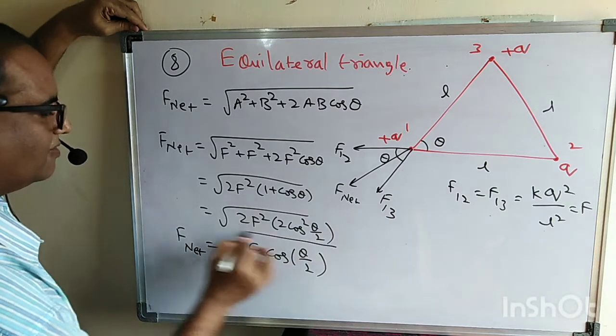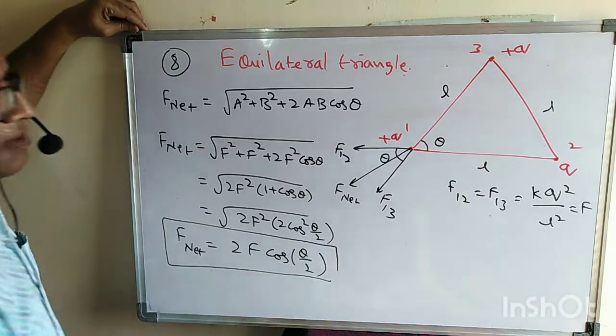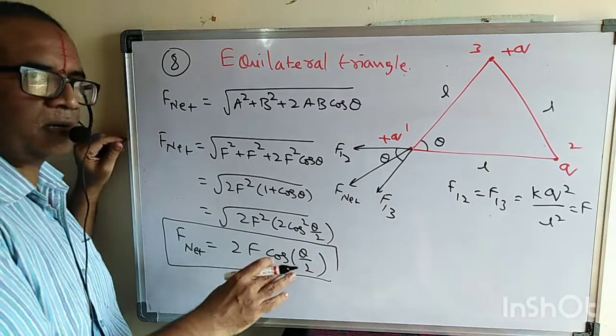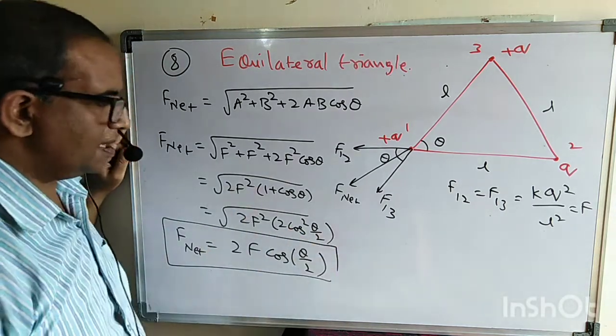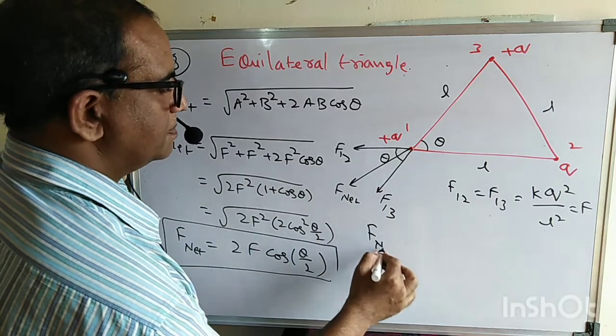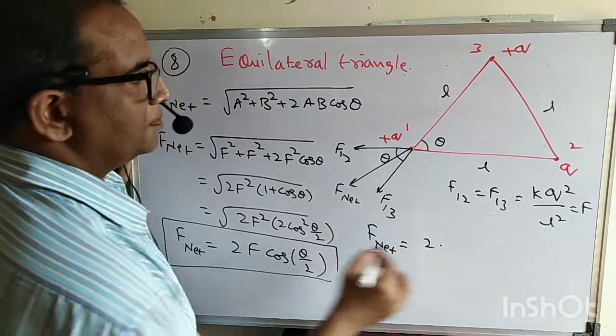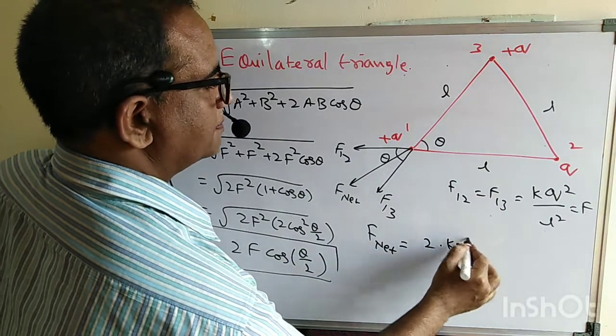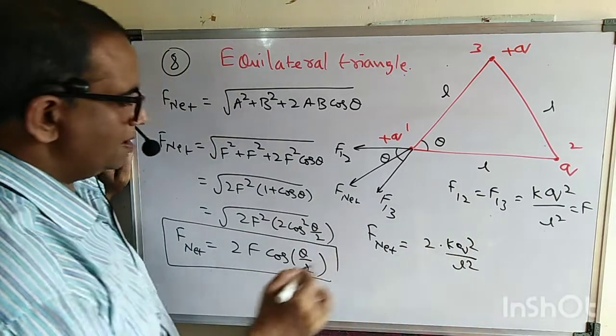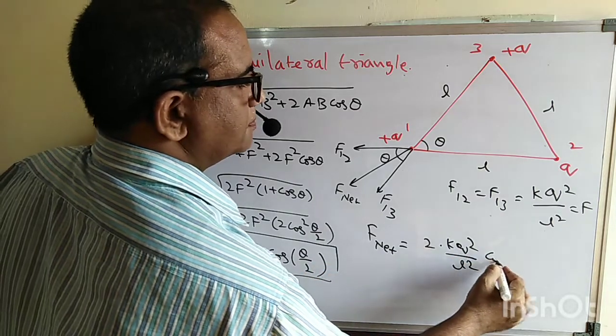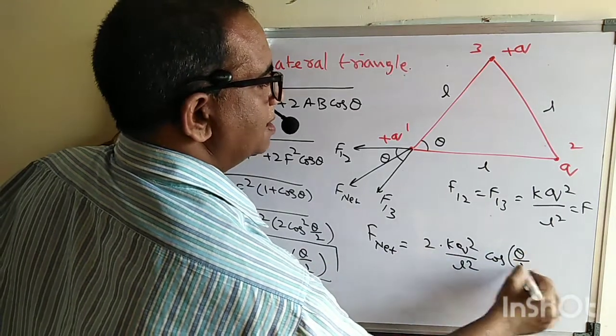Never ever substitute any values first. Every time first derive a formula, then try to substitute. Therefore F net is equal to 2 into KQ square by L square into cos theta by 2.